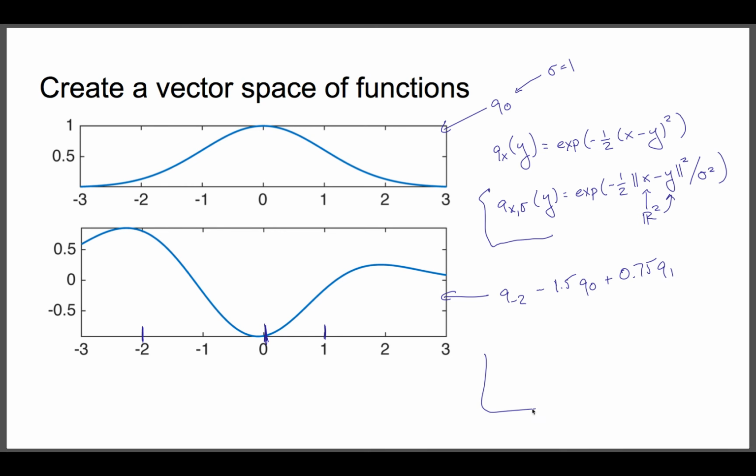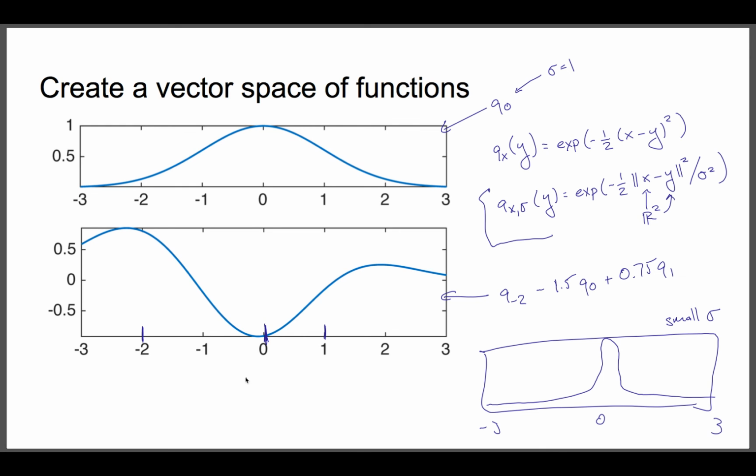And if we draw another axis, minus 3, 0, 3, if we make the function much narrower, like that, this corresponds to a small sigma. It'll still be a bump function, more or less of this same shape. But if we make sigma small, it'll be narrow like this. And if we make sigma large, we'll have a much wider function.